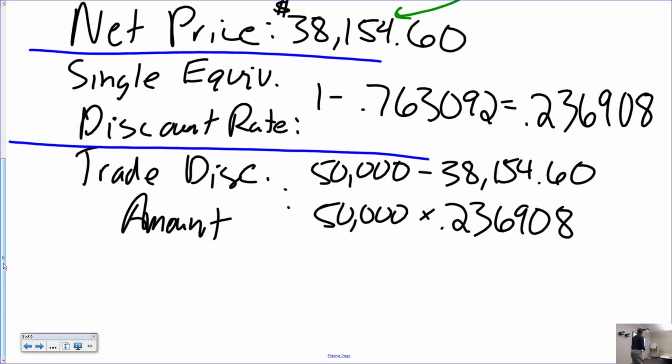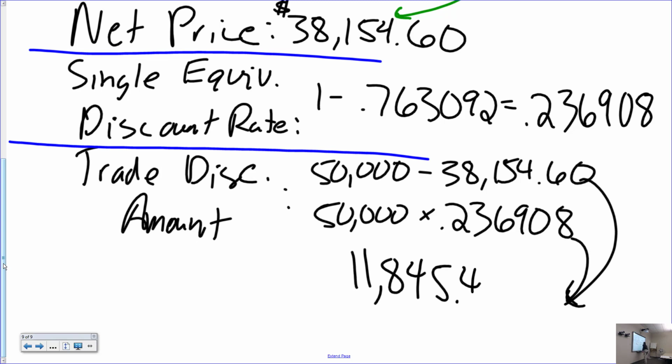It's actually a nice checking mechanism to make sure that your numbers worked out okay. $11,845 and 40 cents.